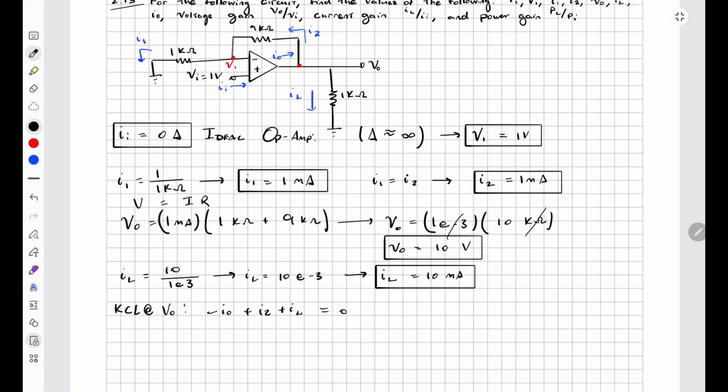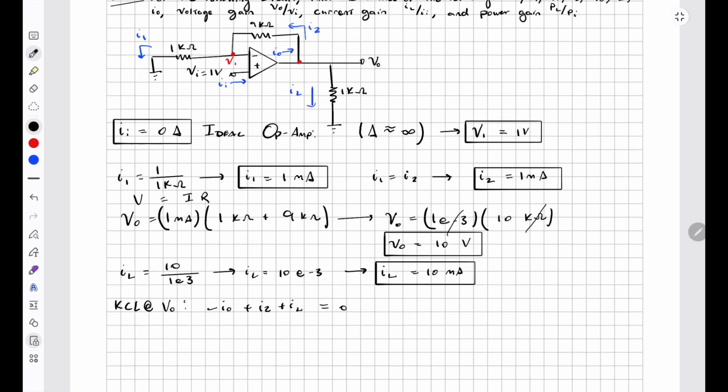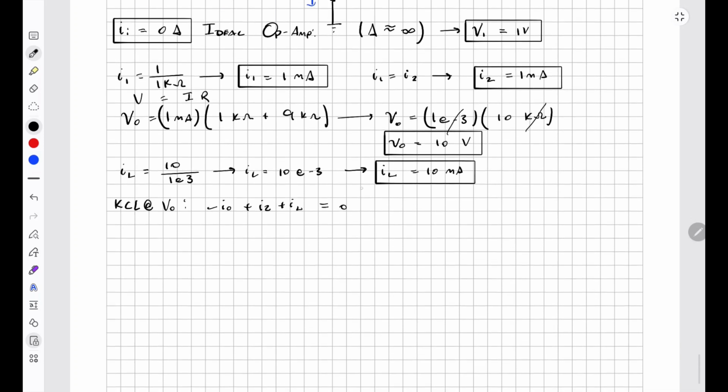And we know KCL, everything must sum to 0. So I out is just equal to I2 plus IL, right? I2 was 1 milliamp and IL was 10 milliamps, so 1 plus 10 is equal to 11 milliamps.